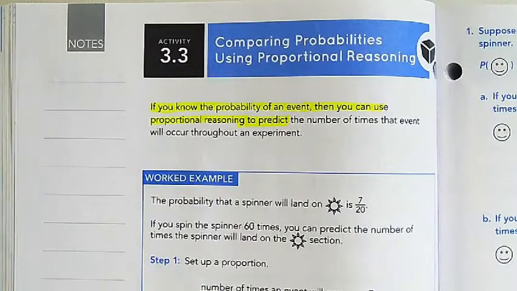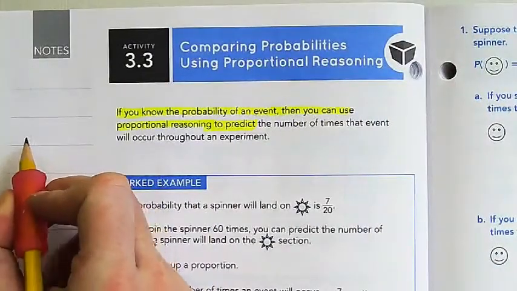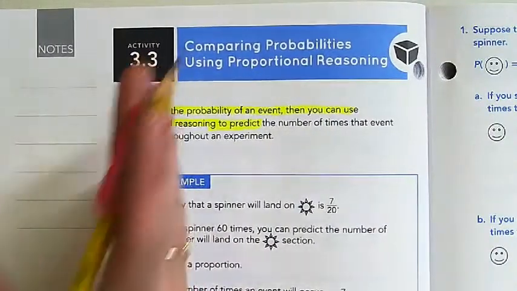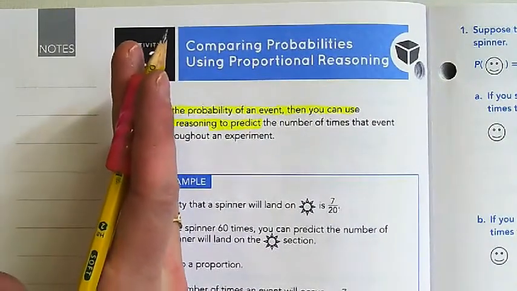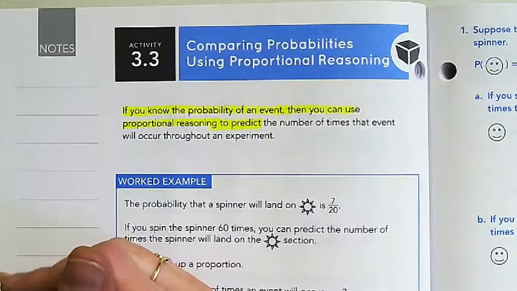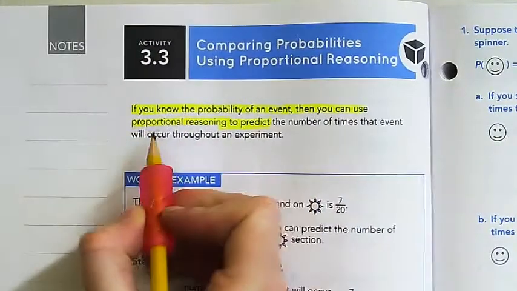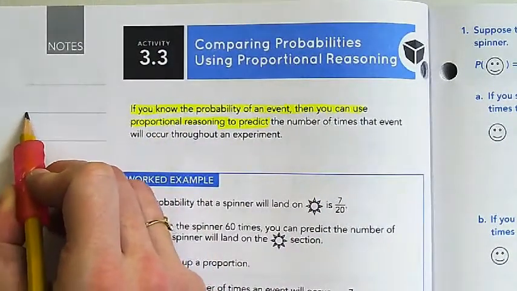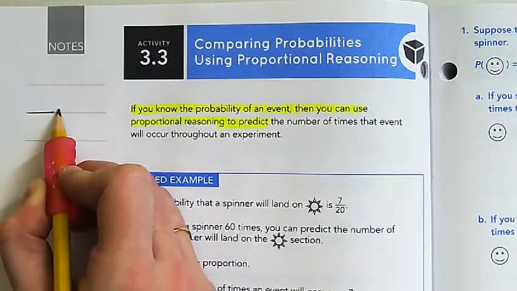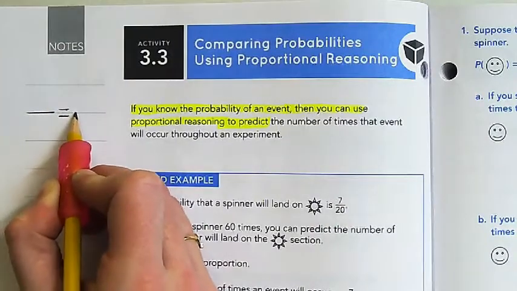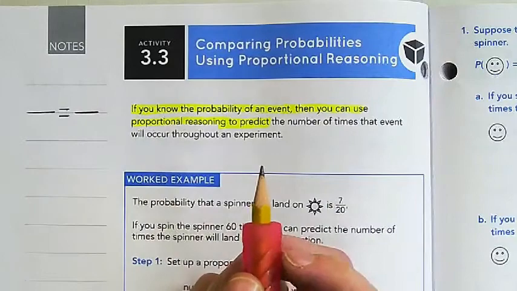Proportion in math class was when we compared two ratios. Ratios, remember, can be written as fractions. So proportional reasoning was when we set up proportions, which was a fraction equal to a fraction.